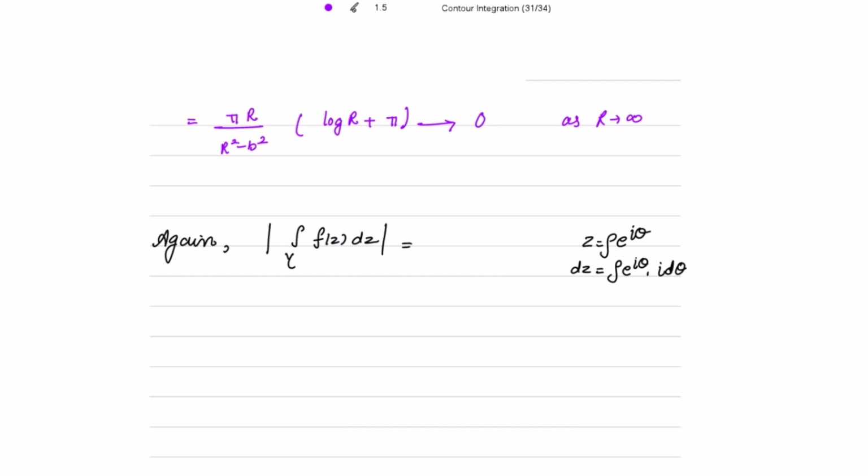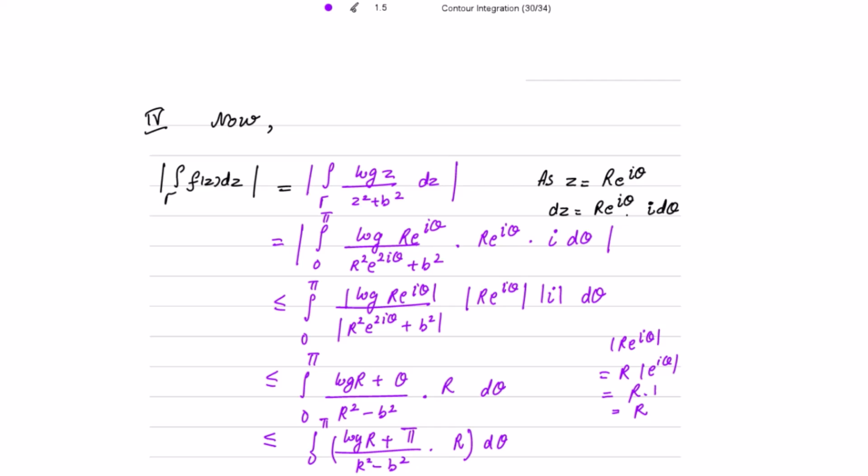Please remember one thing more. Because if r is greater than b, the denominator must be r² minus b², not b² minus r². Sometimes, for making the denominator positive, we interchange the terms in the mod only, so that when the mod is removed, we get the positive term in the denominator, right?